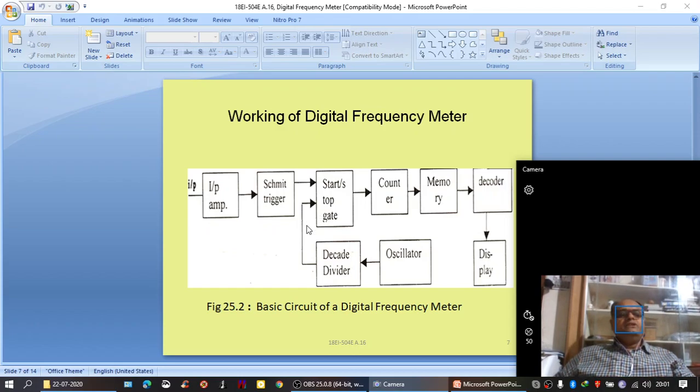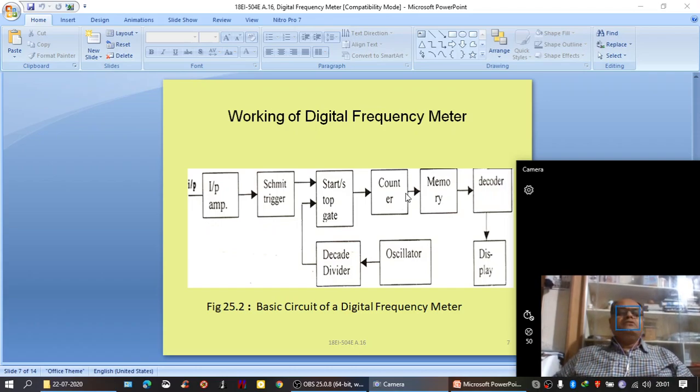The gating pulse is high for 1 second, so obviously the counter counts the number of pulses for 1 second duration, and it gives a visual or numerical display of the count. That count is a direct indicator of the frequency if the gating pulse duration is 1 second, because the number of cycles per 1 second is the frequency.